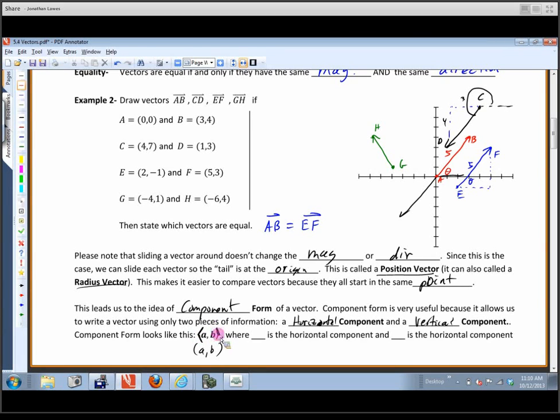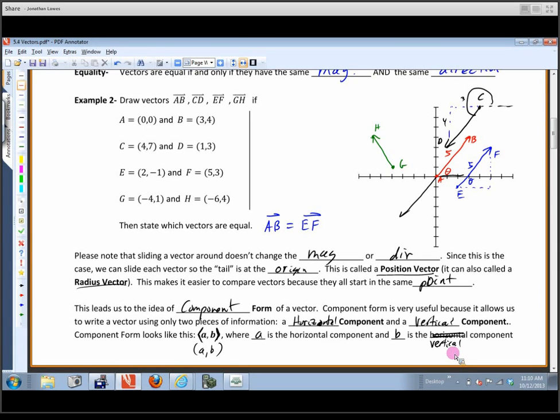Okay, so A is going to be the horizontal component. Think of that kind of like the x direction. And B is going to be the, whoops, I need to change this. Oops, that should say vertical. Okay, so A is the horizontal component and B is the vertical component.